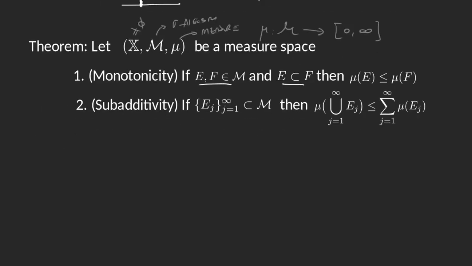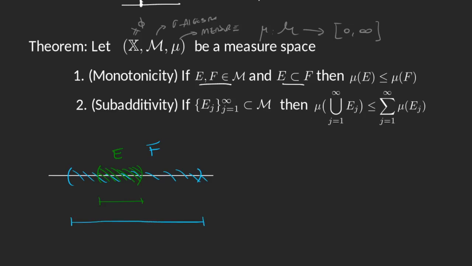If we have an interval, let's say this big interval is F, and this smaller interval, that's a subset, this green portion is called E, then we would actually expect the length of E to be smaller than the length of F.